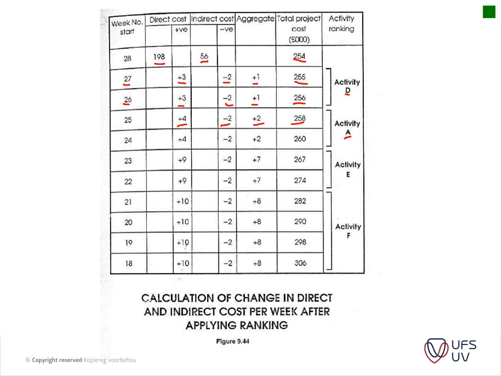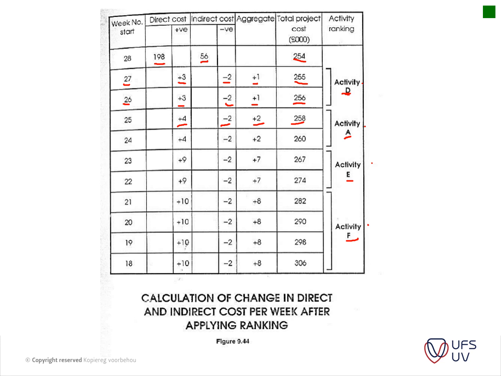I just wanted to make sure that this is right. So the rankings in the critical path items are still according to table 9.42. So table 9.42 you still need to use to actually rank your items, the ones that have the least impact.